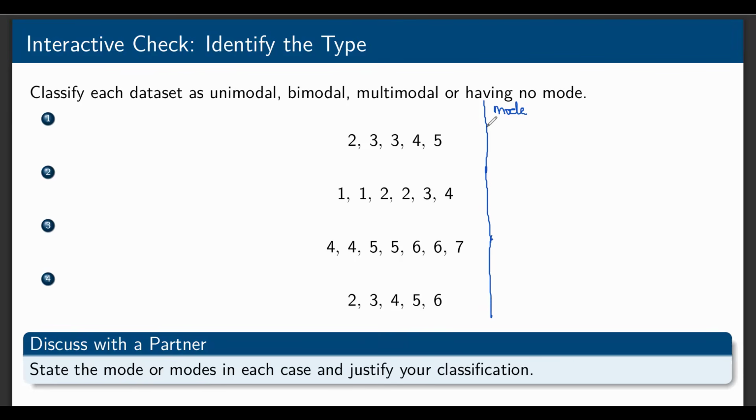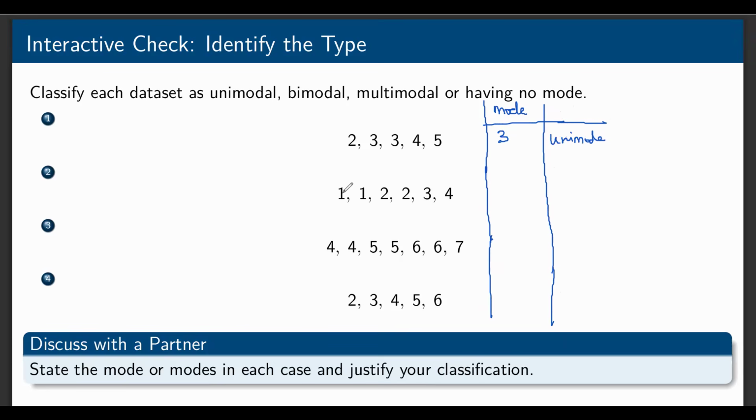So the mode here is 3. And what type of mode is this? This is unimodal because it has just one mode.